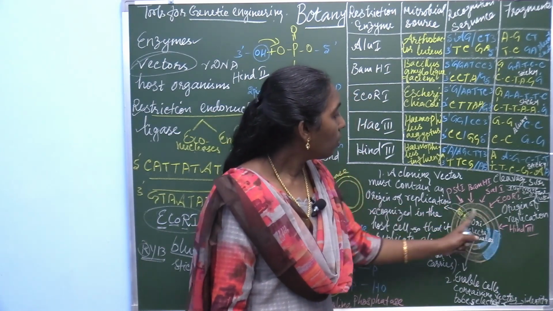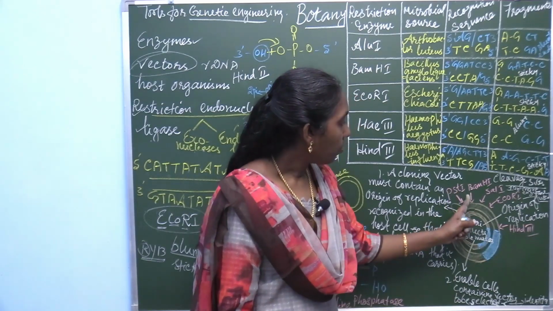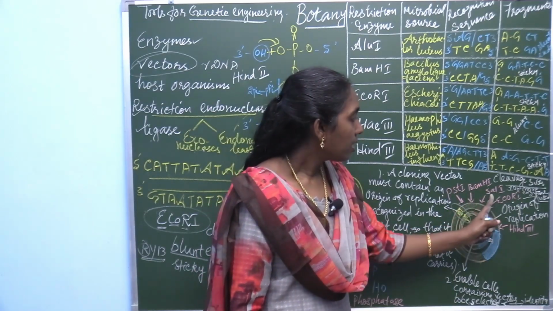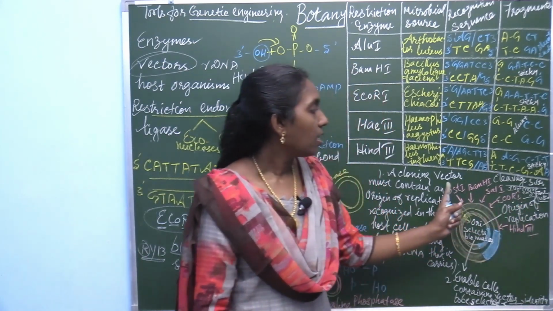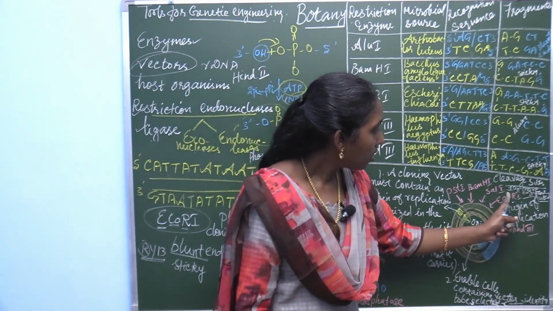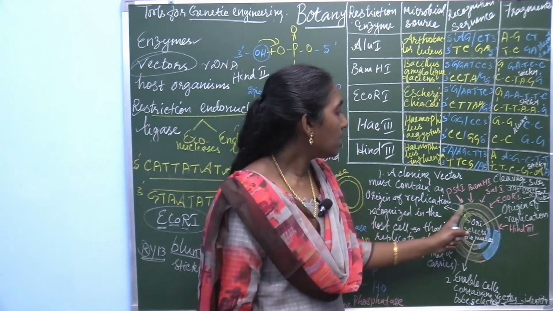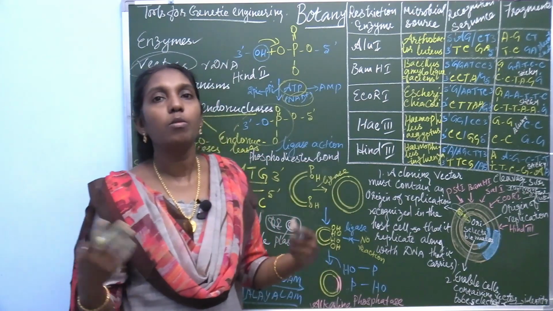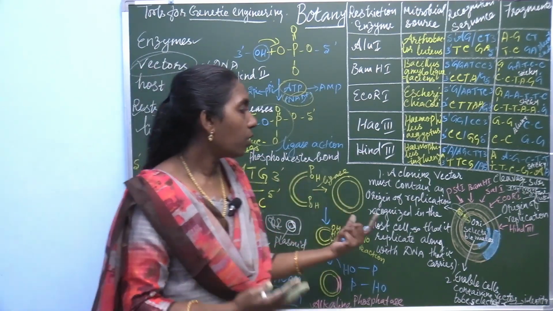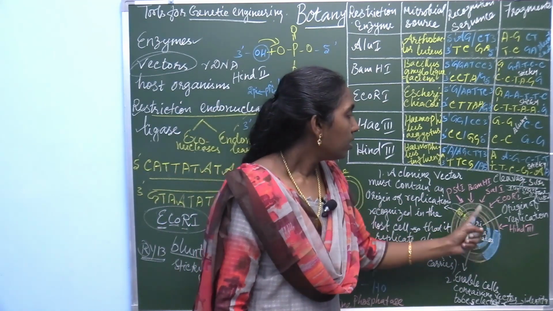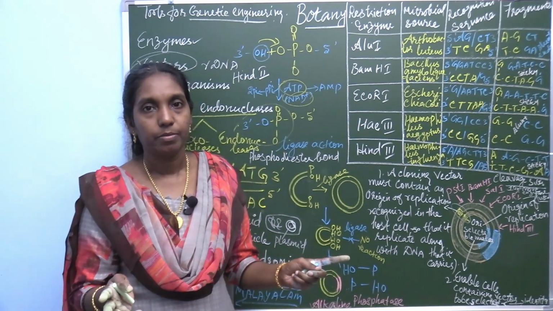Here these all are the cleavage sites. What are the cleavage sites? PstI, BamHI, SalI, EcoRI. So at these sites, one or more enzymes can be used, either one enzyme or more enzymes, to cleave this plasmid.